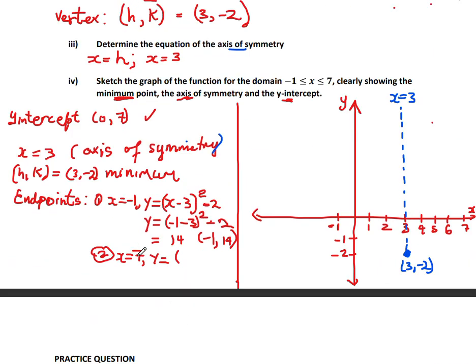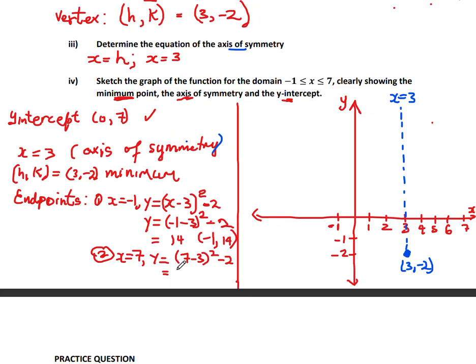Using that, we will substitute x equals 7. We get 7 take away 3 all squared, and let's not forget the minus 2 here, which is the value of k. 7 minus 3 is 4. 4 squared, which is 4 multiplied by 4, gives us 16.